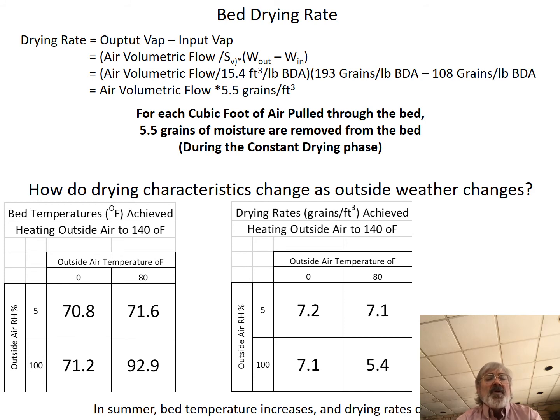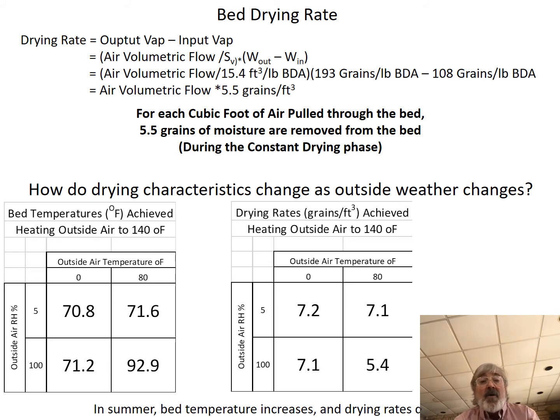Since this is all happening during the constant drying rate period, which is before breakthrough, and breakthrough happens at roughly 10 hours. Let's say it's 10 hours. In the wintertime, I've got a malt bed sitting for 10 hours at 71 degrees, and in the summer, I've got a malt bed sitting for 10 hours at 93 degrees.